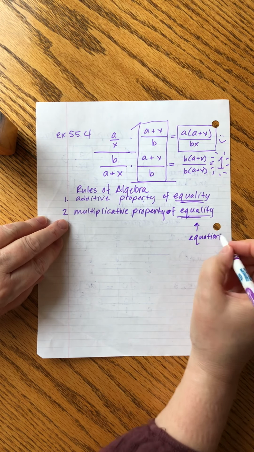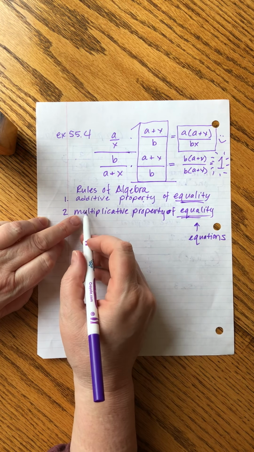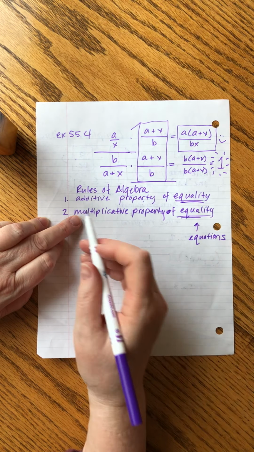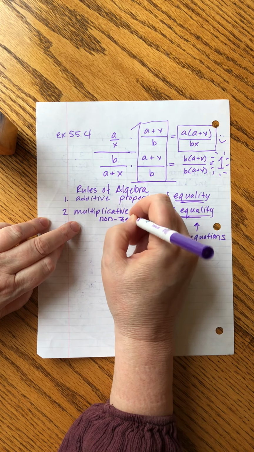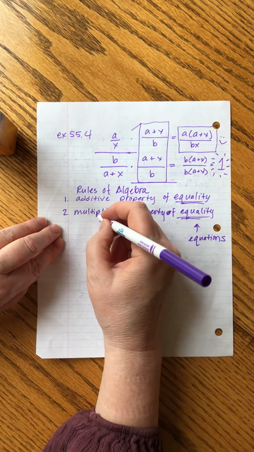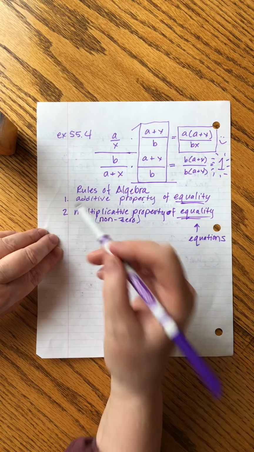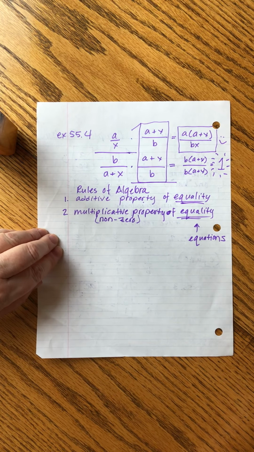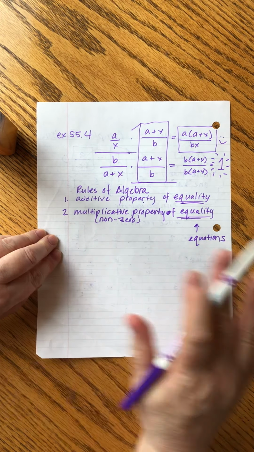Okay, so the other rule with equations is that we can multiply or divide the same number to both sides as long as it's non-zero, because 0 causes problems with division, right? So we got to be careful and not use 0 when we're using the multiplicative. But we can multiply or divide both sides of an equation. We do it all the time. We can multiply or divide to both sides, and we're cool.